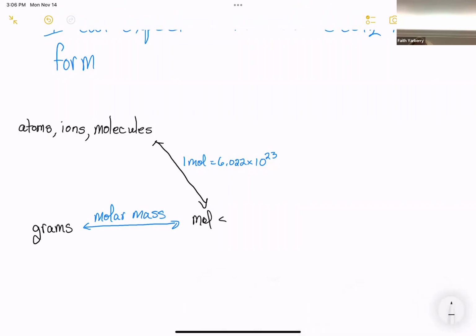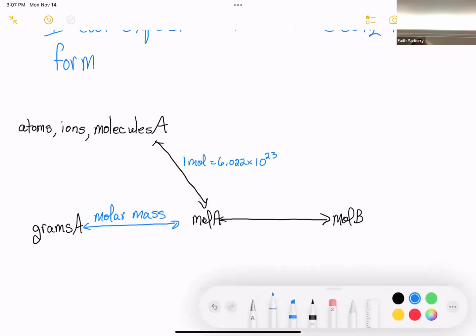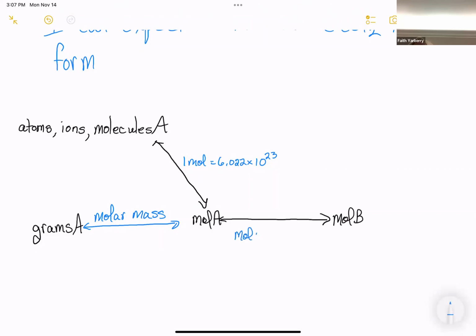Now, once you have it in moles, you can convert from moles of, say, substance A into moles of substance B. To do so, you will always use a mole to mole ratio.